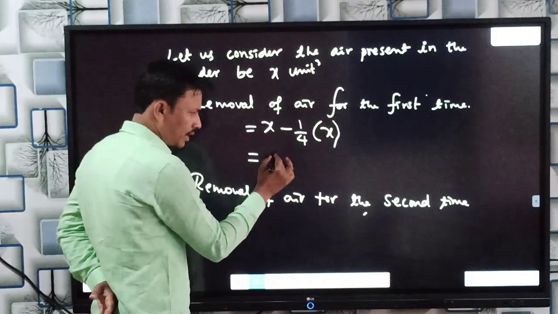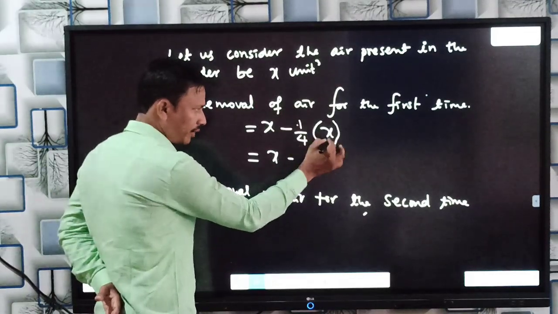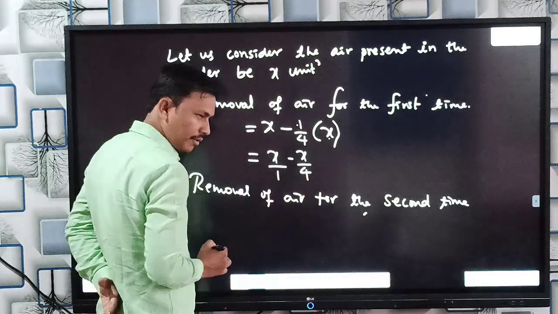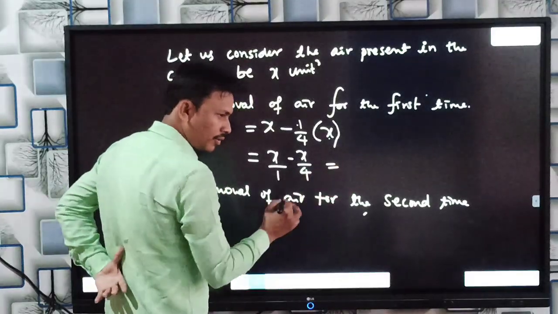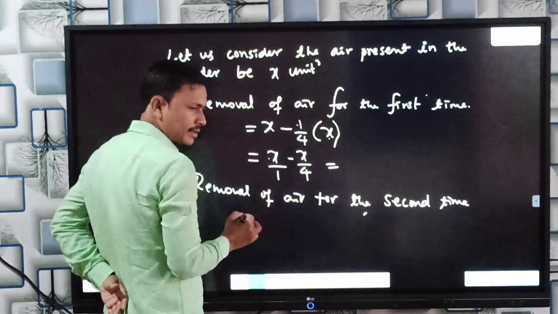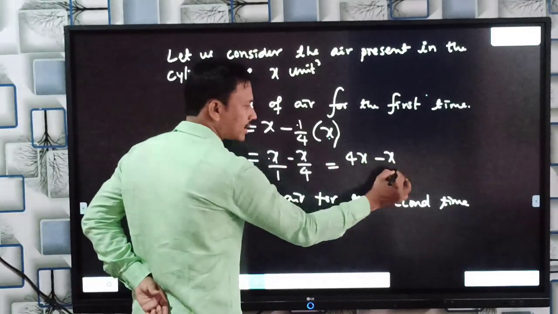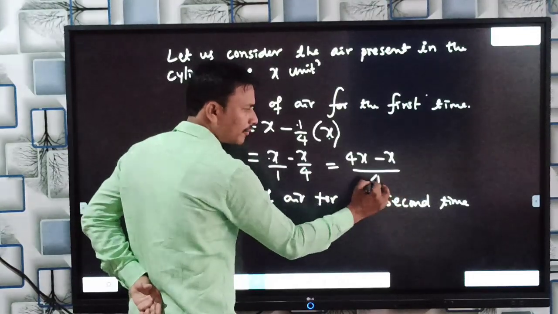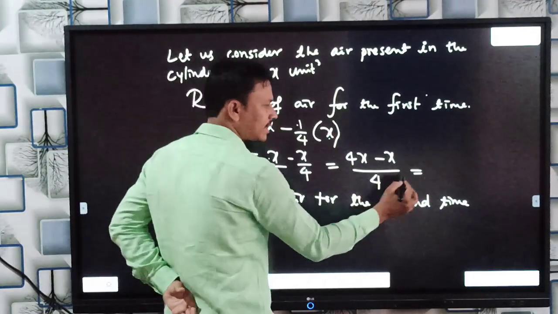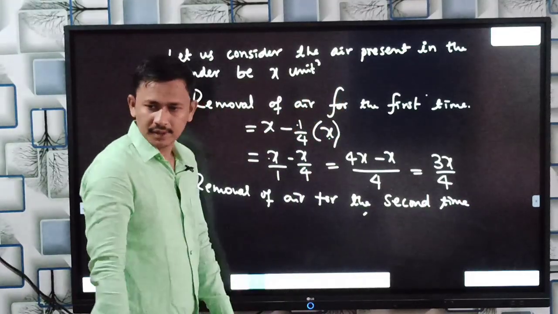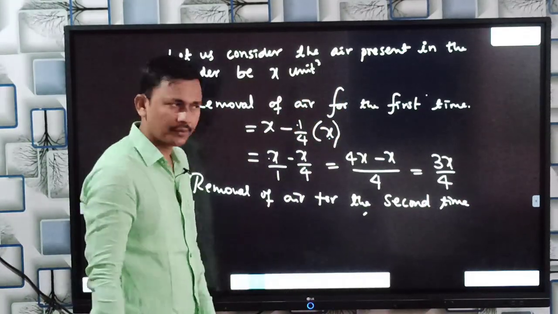This is equal to x minus 1 into x divided by 4 divided by 1. This is equal to 4 into x, 4x minus 1 into x, x divided by 4 ones are 4. This is equal to 4x minus x, 3x divided by 4. Correct? 3x divided by 4.